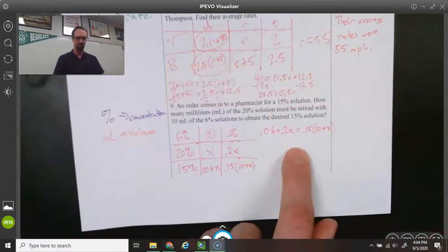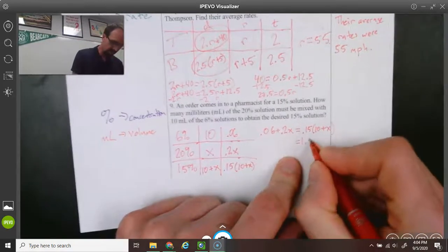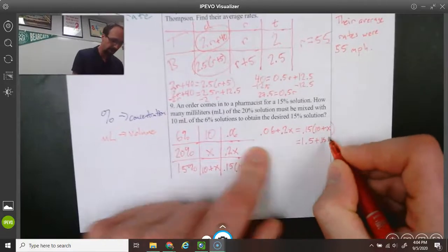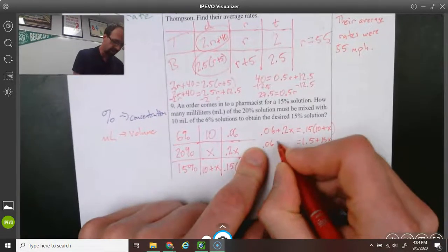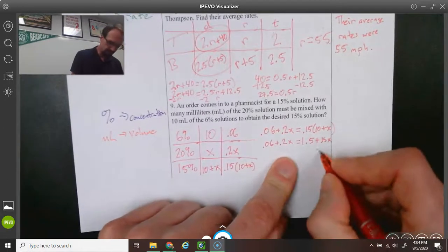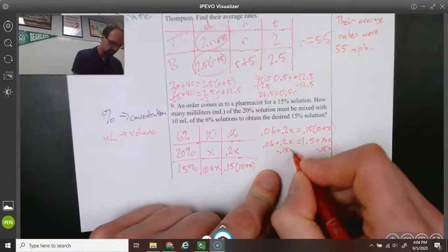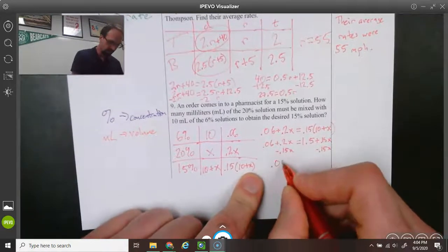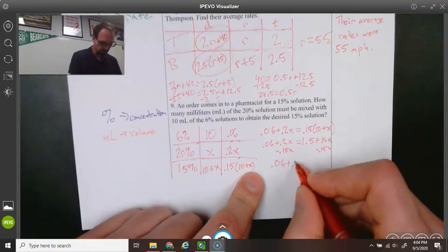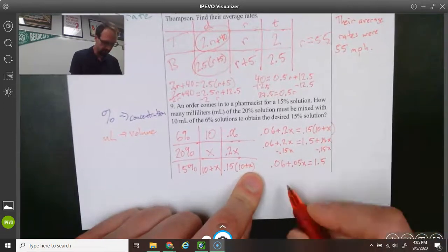I'm going to distribute the 0.15 times 10, so that's going to give me 1.5 plus 0.15x. Bring down everything on the left-hand side. If I subtract 0.15x on both sides, I have 0.06 plus 0.05x equals 1.5.